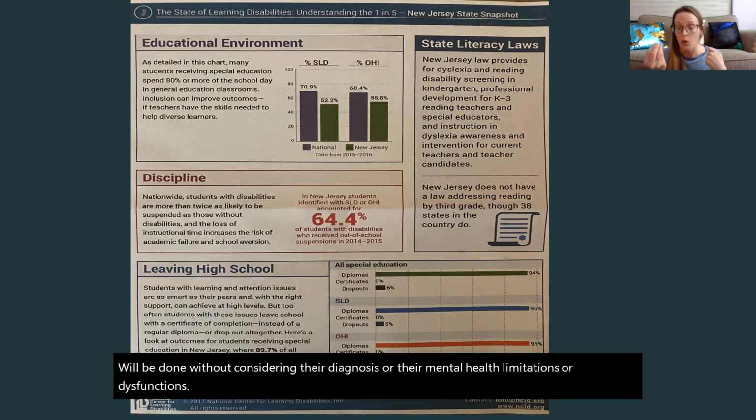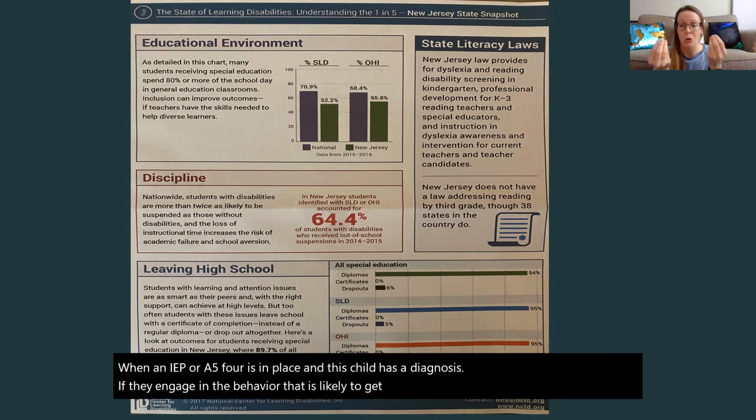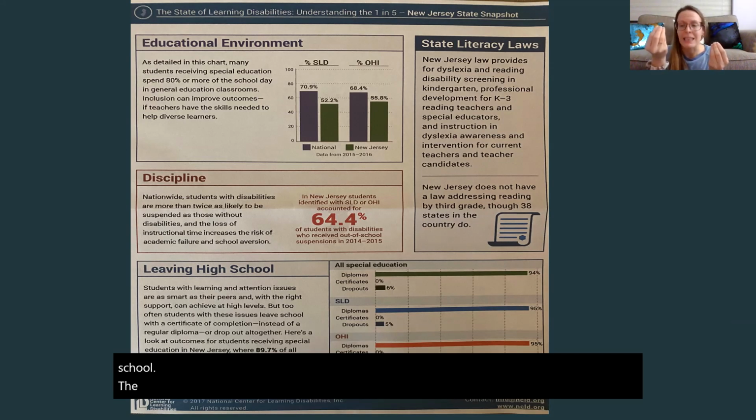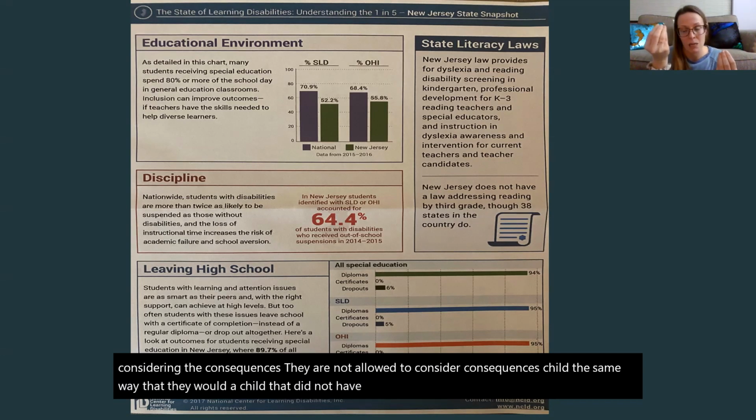When an IEP or a 504 is in place and this child has a diagnosis, if they engage in a behavior that is likely to get them suspended, either in school or out of school, the IEP and the 504 plan legally has to be taken into consideration when they are considering the consequences. They are not allowed to give consequences to the child the same way that they would a child that did not have disabilities, but only because they have that IEP.